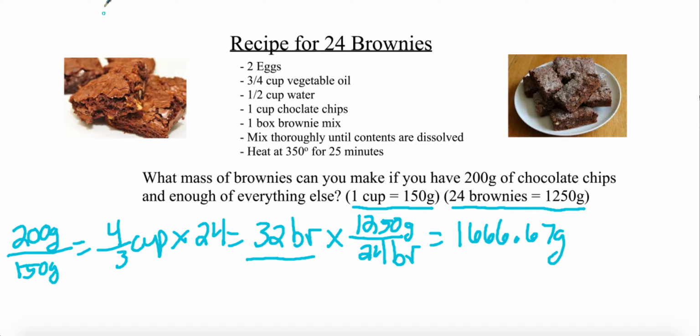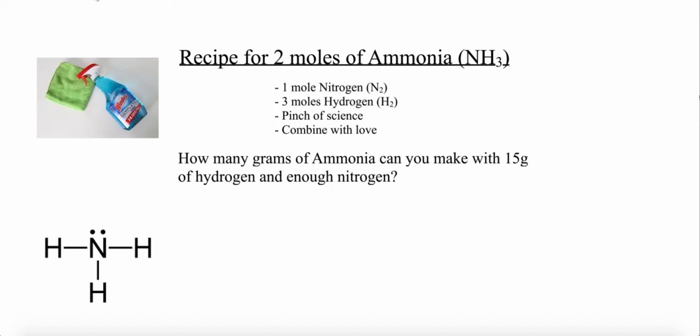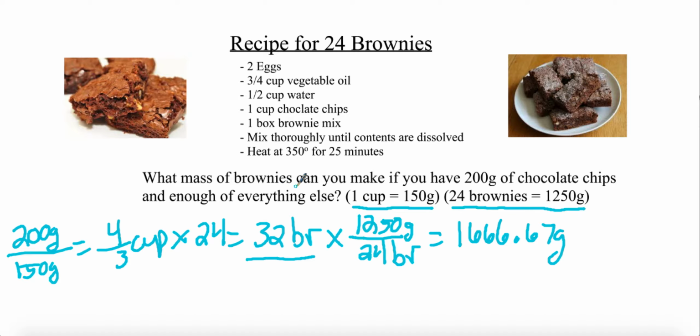Okay. Once again, let's change up the scenario a little bit. Let's go back to ammonia. So here we want to know how many grams of ammonia can I make if I have 15 grams of hydrogen. So much like in this previous example, I'm starting with grams of an ingredient and I want to know the grams of whatever I'm making.